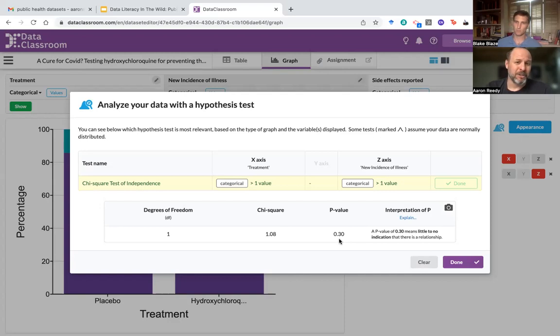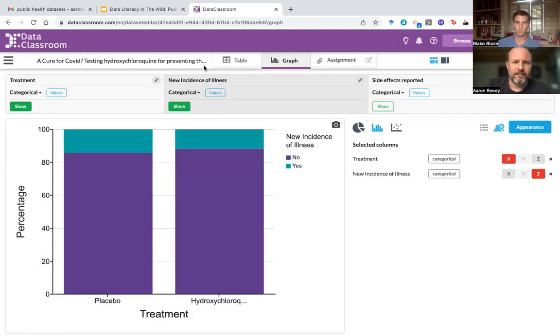For making conclusions that affect human health as strongly as this one has the potential to do, the p-value threshold used is sometimes even lower than 0.05. So in this case, I would say it looks like no evidence, or weak evidence at best, that there's a difference between these two groups.